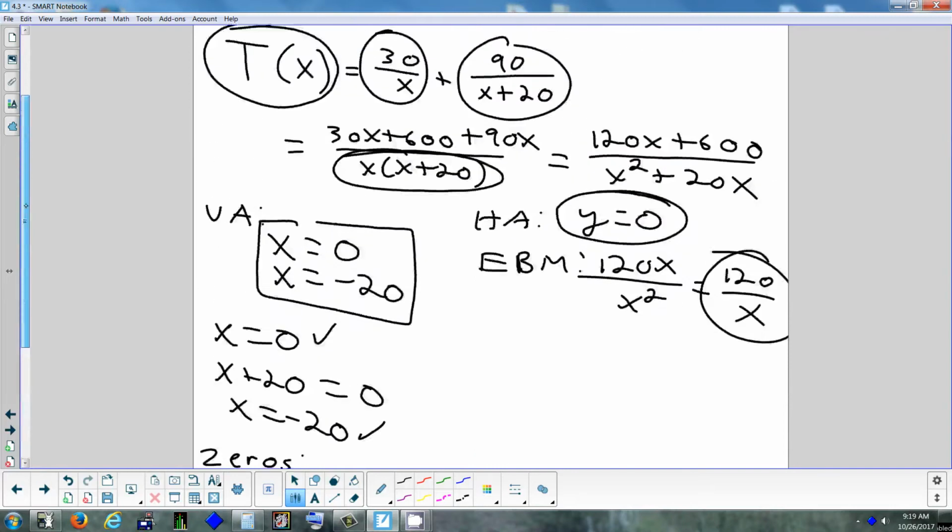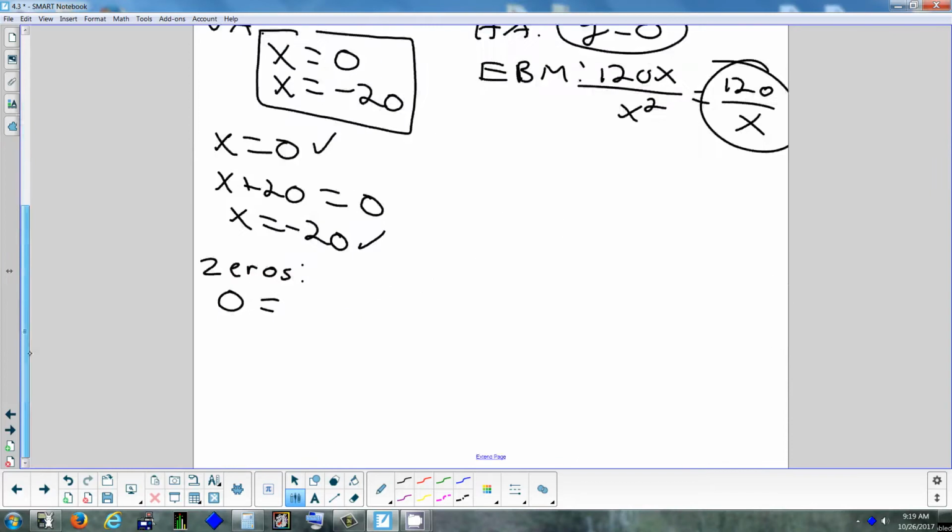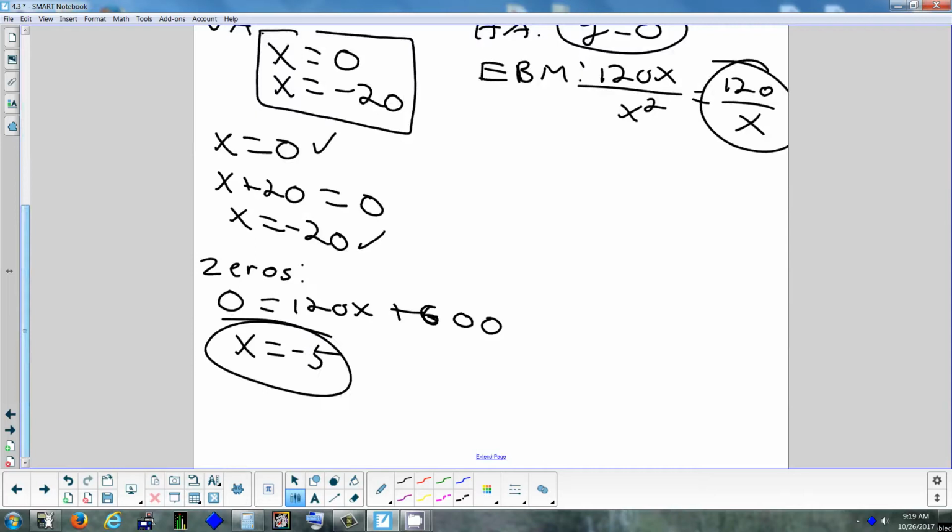I think in this problem there's only one, because the numerator is linear. When you solve that, you get x equals -5. Again, I'm not saying that makes sense, because x represents the speed of the car, but algebraically that's what the root is.